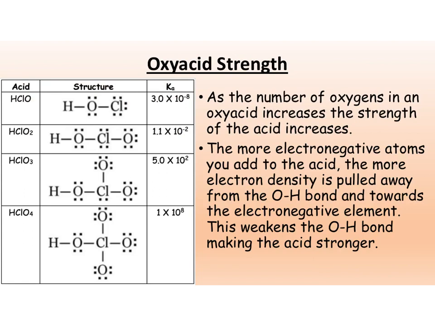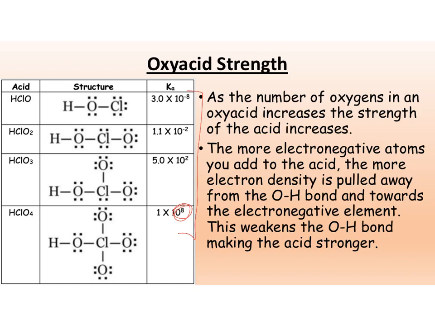Now let's look at the other possibilities for oxyacids. Instead of changing the X atom, let's talk about changing the number of oxygens attached to that X atom. As you can see, moving down the chart, the Ka value is getting much bigger. What that tells us is that the more oxygens we have, the stronger the acid.